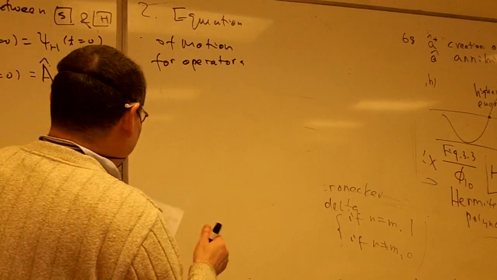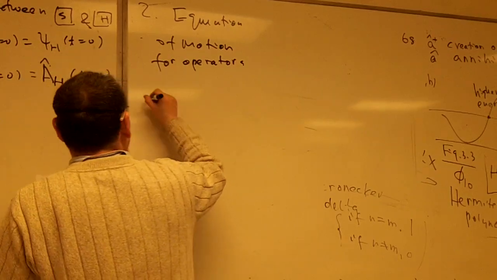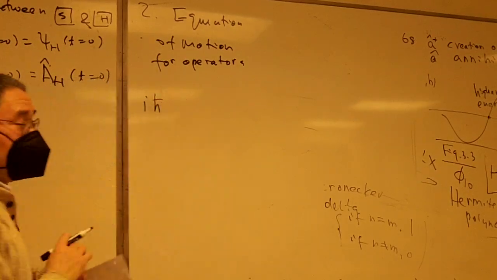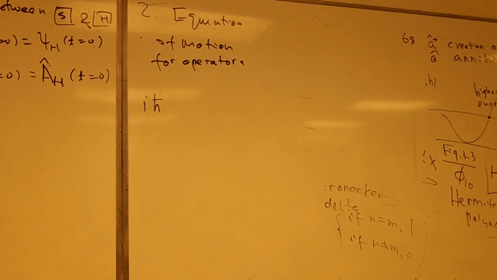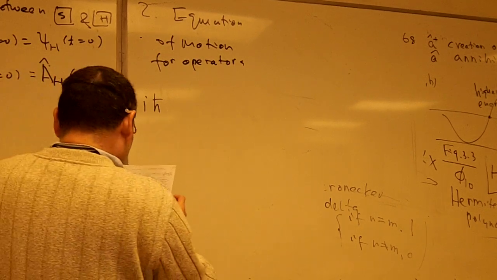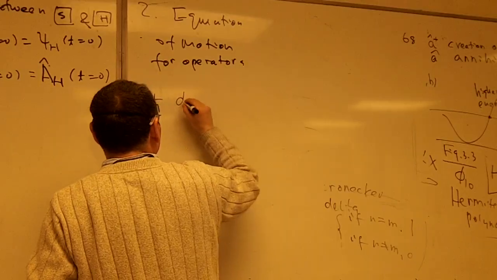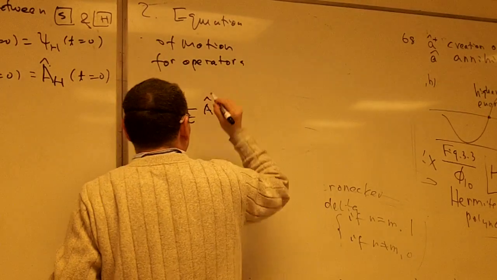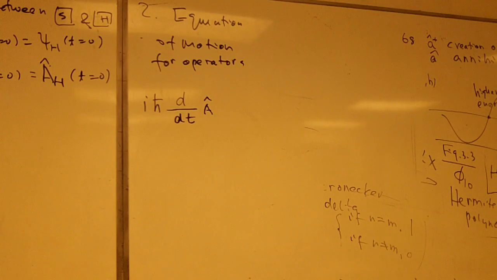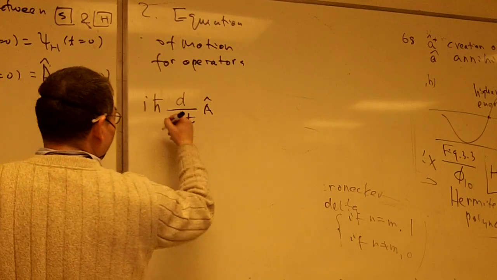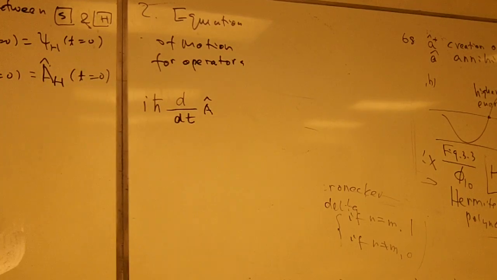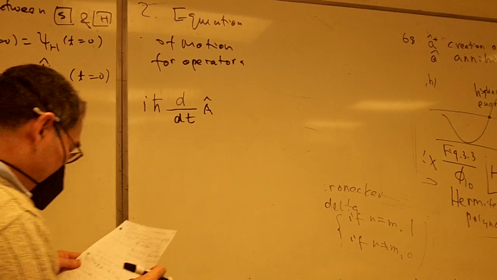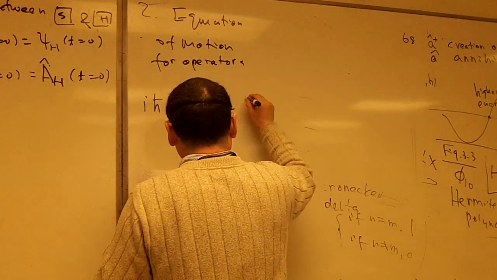First of all, on the left-hand side, we also have i h bar. But now, for the operator, we have the full derivative d/dt of the operator like this. And this is different from the Schrodinger equation. The Schrodinger equation has a partial t, but the Heisenberg picture has a d. So this is one big difference.